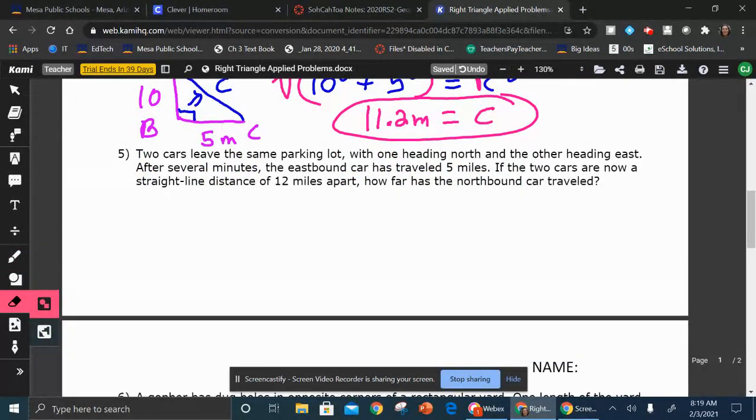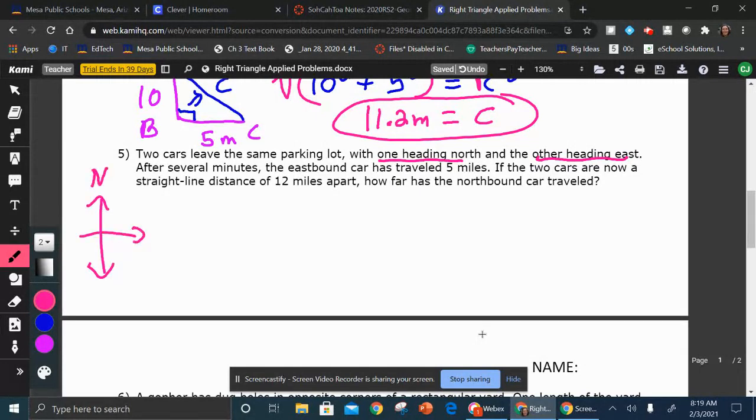Okay, two cars leave the same parking lot, with one heading north and the other heading east. So again, we're doing our directions. One is heading north and the other is heading east.